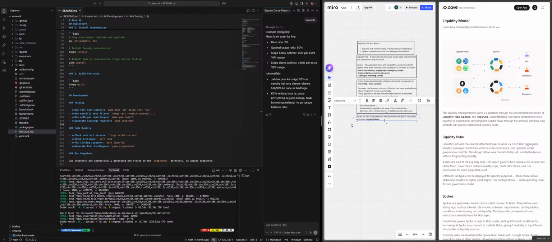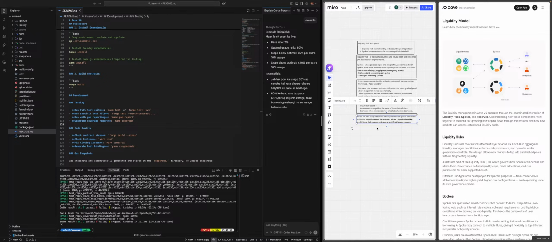Okay, and parameters within a liquidity hub like credit lines, risk params, and caps are defined by governance.